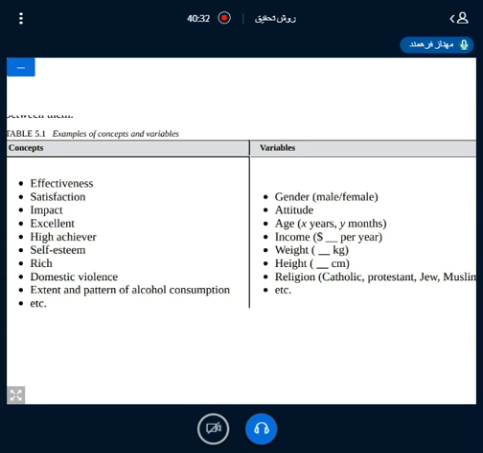And the variables are gender, male or female, attitude, age.